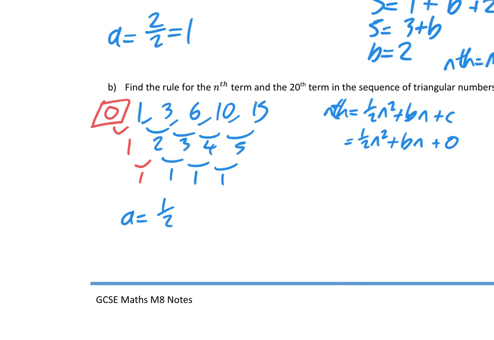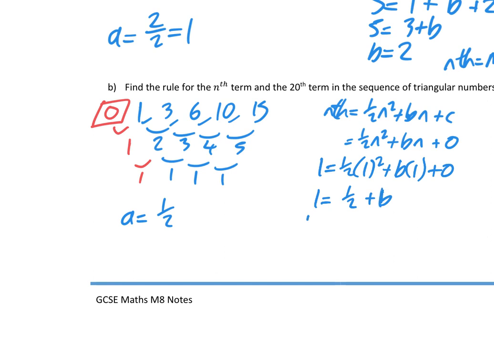Right, again, just like the last example, this 1 represents the value you get when you put n equals 1 into this equation. So that means 1 is equal to a half times 1 squared plus b times 1, and I'll just put the 0 in again, and next time it'll be gone. And then we can just tidy this up and find out what b is. So 1 is equal to a half times 1 squared is just a half, plus b times 1 is just 1b.